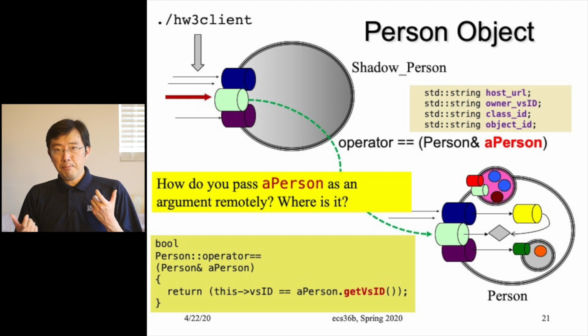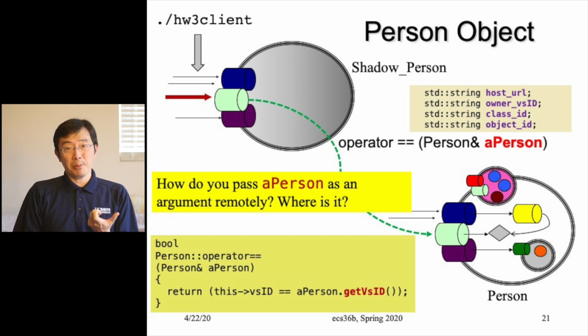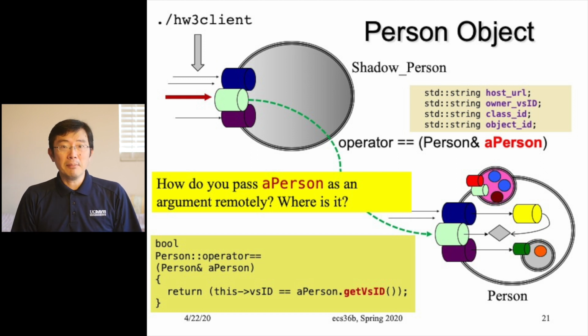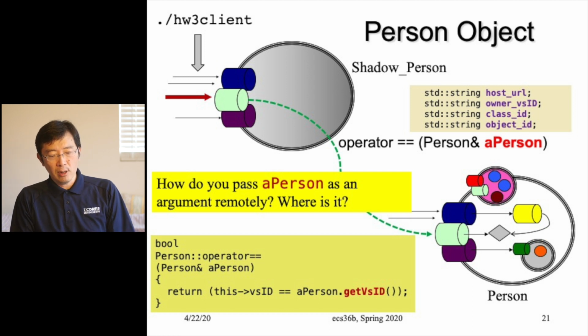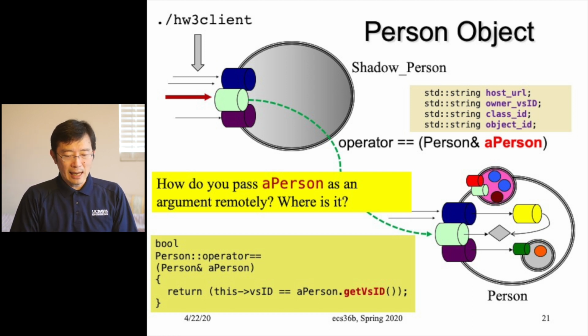So when you want to compare two objects, that a person as an object should have these 4 elements as well. Where it is, what's the owner VSID, what is the class ID, and what is the object ID. So I will pass those 4 to the remote, such that the receiver will actually get it. Okay, so that's number 1 that I will have, right?